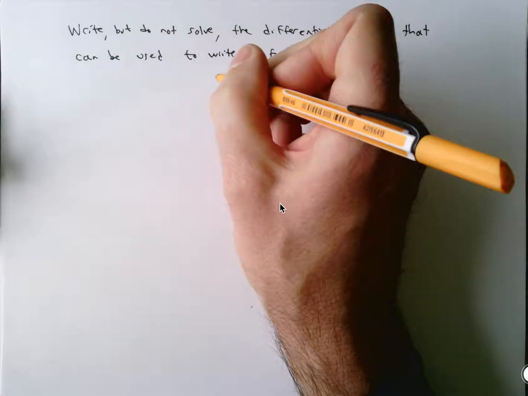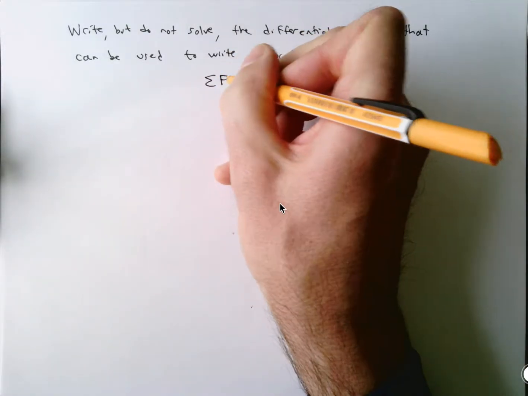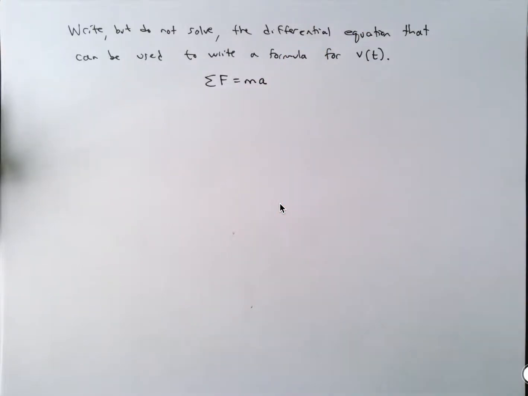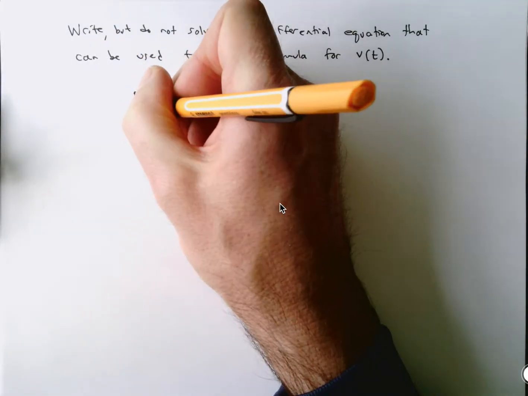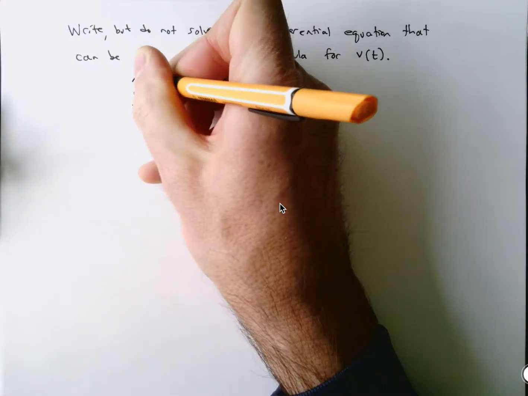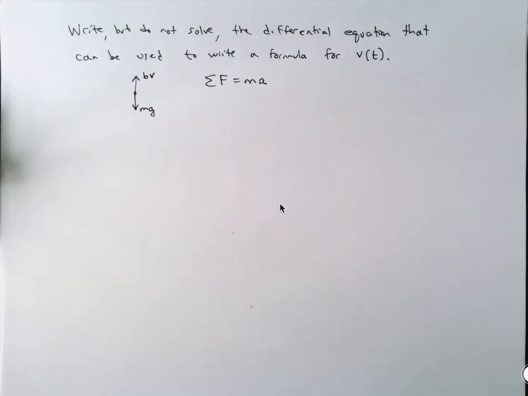The place to start, always start with net force equals mass times acceleration. And let's see how that works. You should always be thinking about a free body diagram when you use net force equals mass times acceleration. There's our free body diagram.